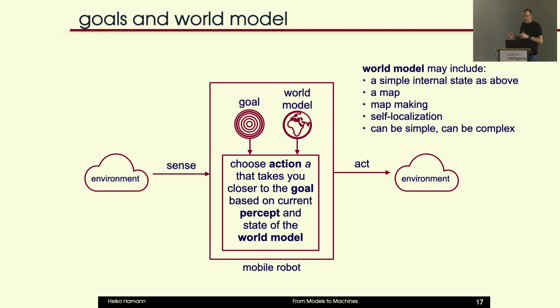For our robots, we have to program them into them, right? So it's nothing we get for free. We have to make sure that the robots actually can estimate where they are, that they can actually produce a map. So this is all hard, right?